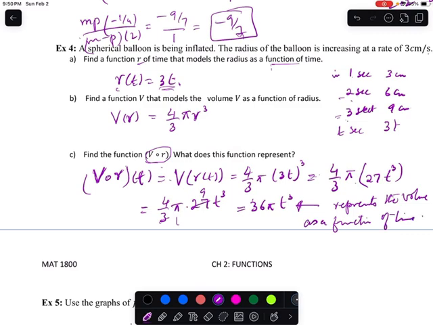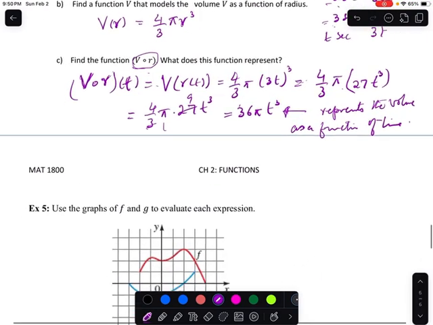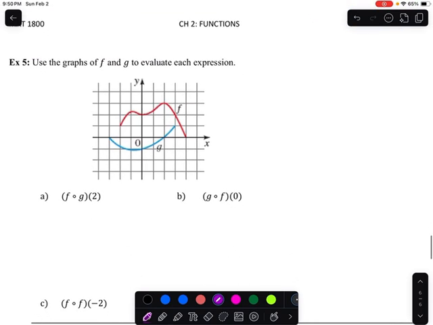That's what this represents. By the way, we have been doing these problems, f composed with g of 2, f composed with g of -5, things like that, or g composed with f. But we were given functions and we just plugged them in. We can also do them by using graphs.